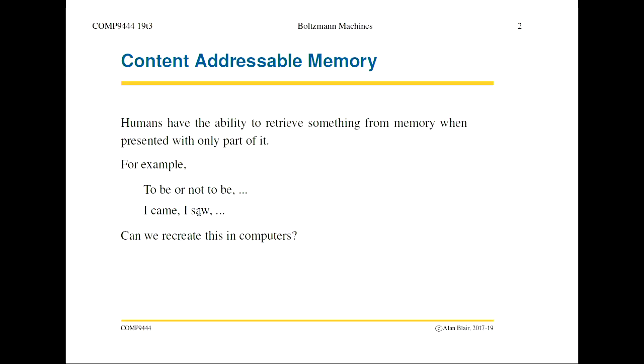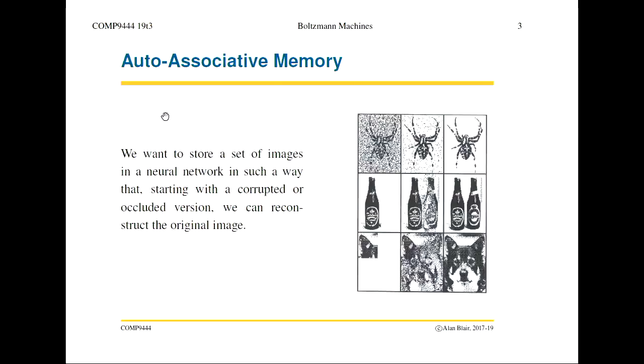Well, I want to retrieve just something similar to this. It's easiest to think about this in terms of images. Let's say you have these 3 images on the right stored somehow in your memory. This is a model that goes back to the 1980s. If you start with a corrupted version of the image, the idea is that the network should try to restore the original image, to retrieve that memory.